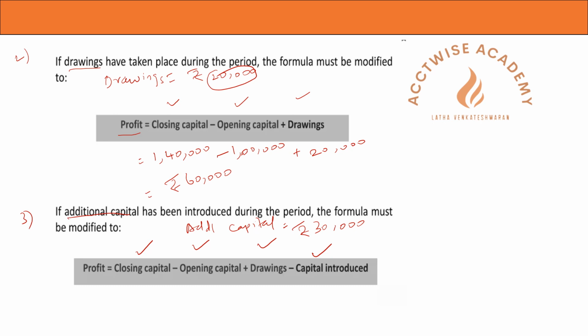Same 1,40,000 we are taking as closing capital, opening capital is 1 lakh, same formula plus drawings is 20,000, less the capital introduced, 30,000. So now our profit will become rupees 30,000.